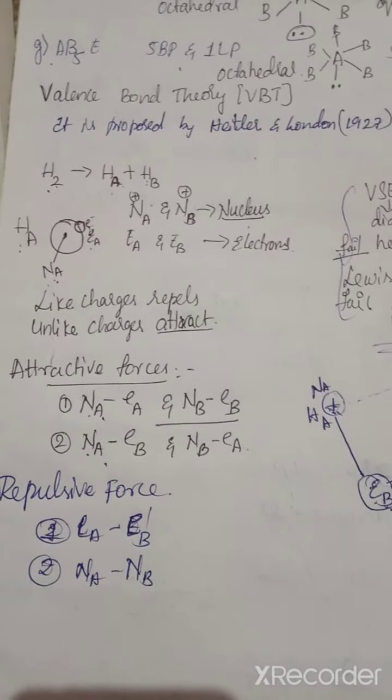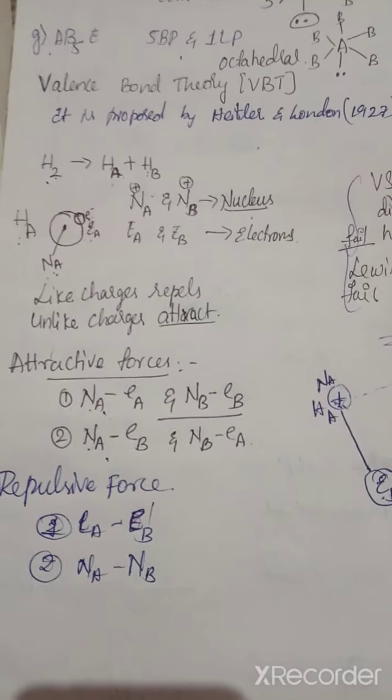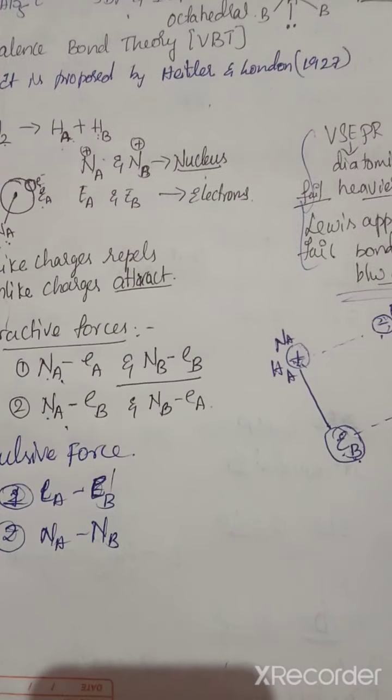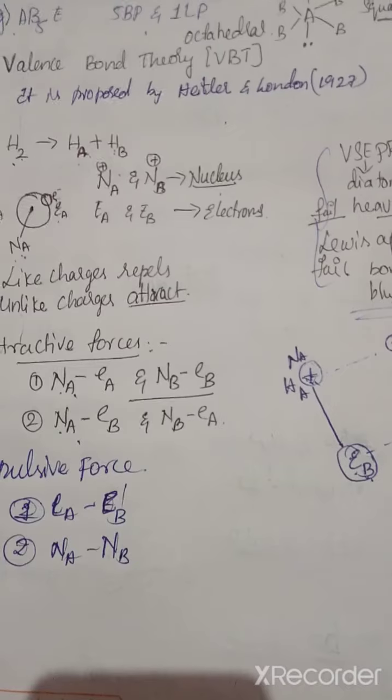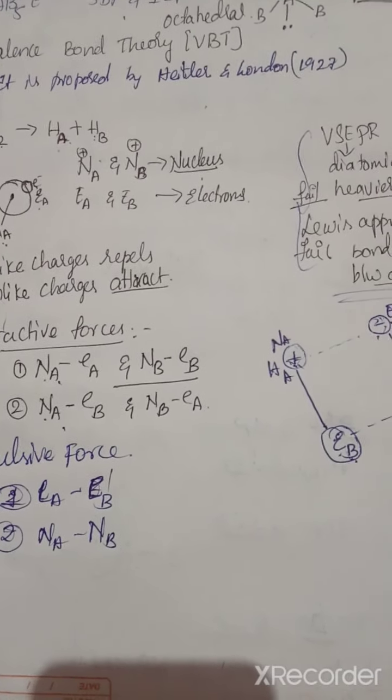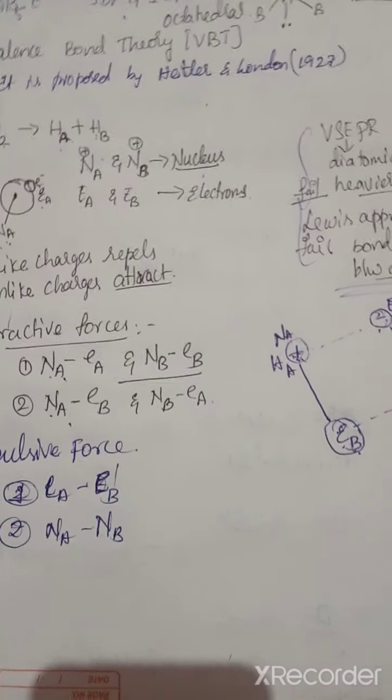Both have a sigma bond, but the bond enthalpy and the bond dissociation enthalpy are different; the energy needed to break the bond is different for hydrogen and fluorine.